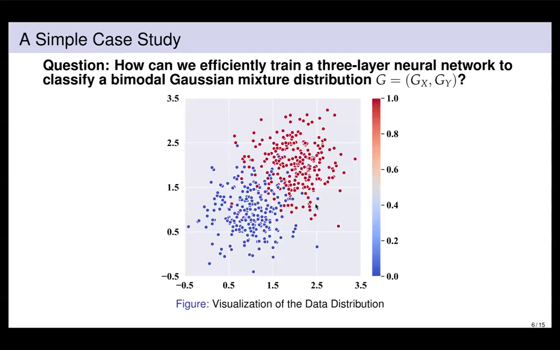You can see in this figure there are two classes of the Gaussian distribution, the red and the blue one. And the color bar here is used for labeling their target values, 0 and 1.